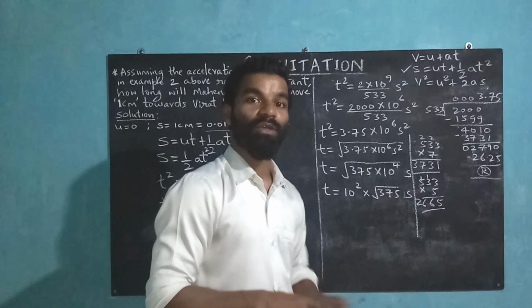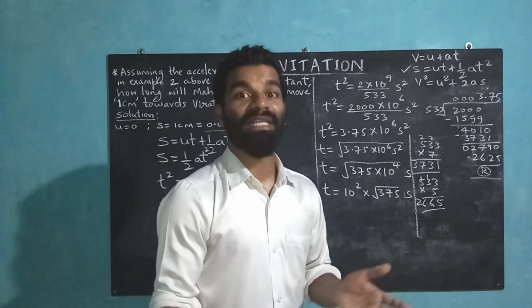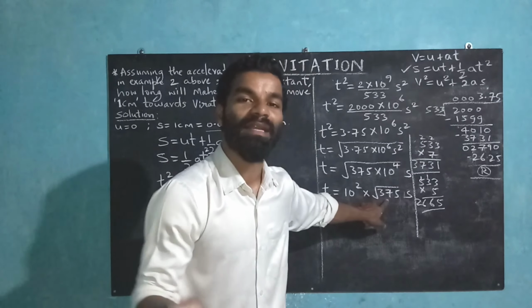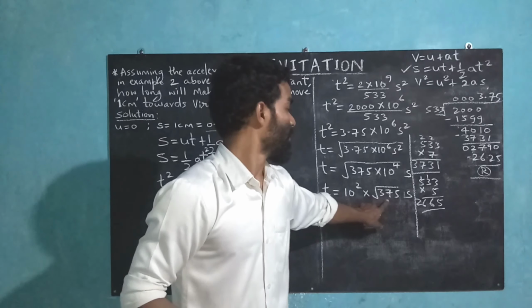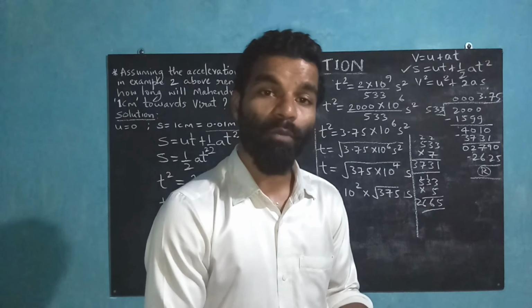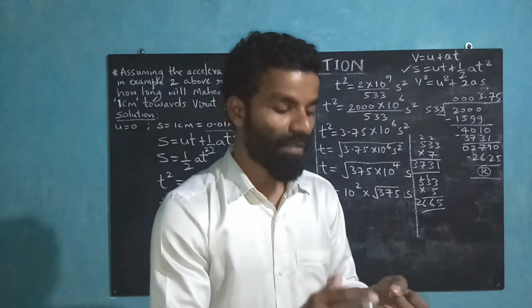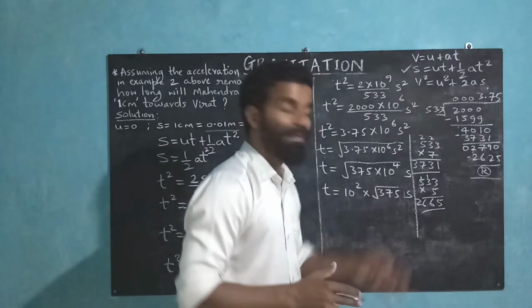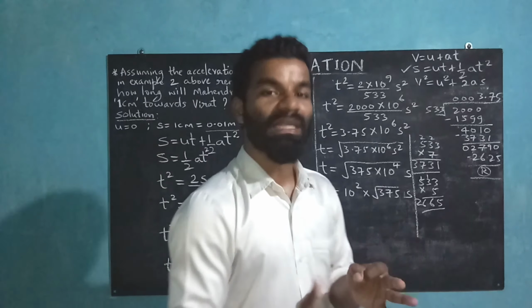It is a bit closer because after that it is 20 square, which is 400. So the answer will be somewhere just above 19. You can try first 19.1 into 19.1, multiply and see. Then see 19.2 into 19.2. I guess it will be somewhere around 19.3.